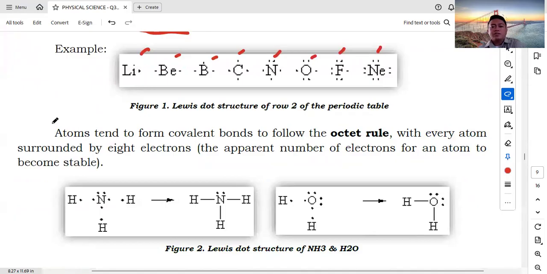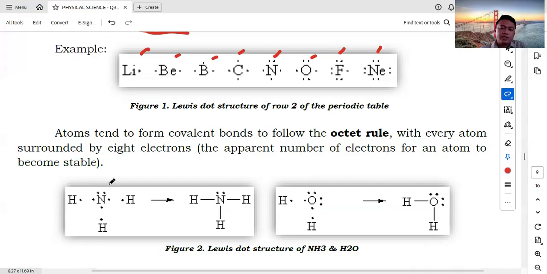And so, atoms tend to form covalent bonds to follow the octet rule, with every atom surrounded by 8 electrons, the apparent number of electrons for an atom to become stable. So we have here your NH3. So we started by writing its dots. For hydrogen, it's 1.